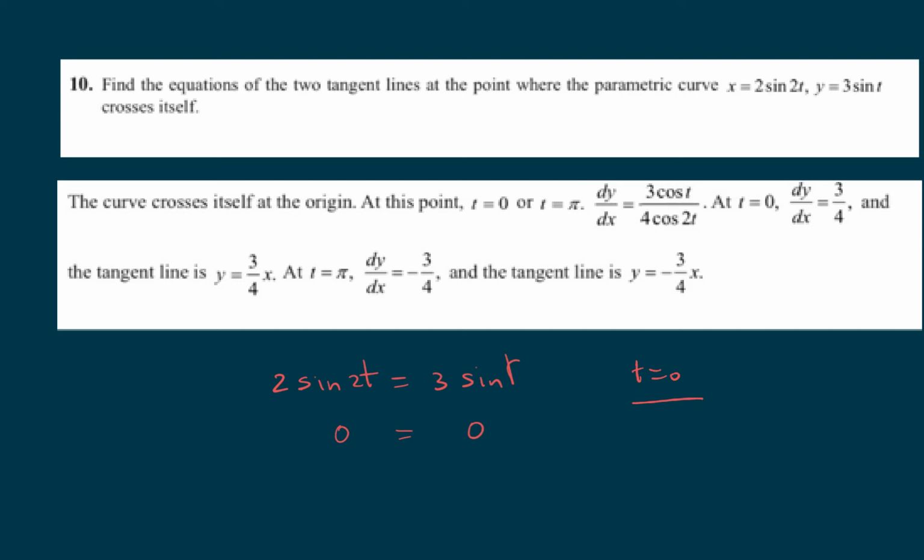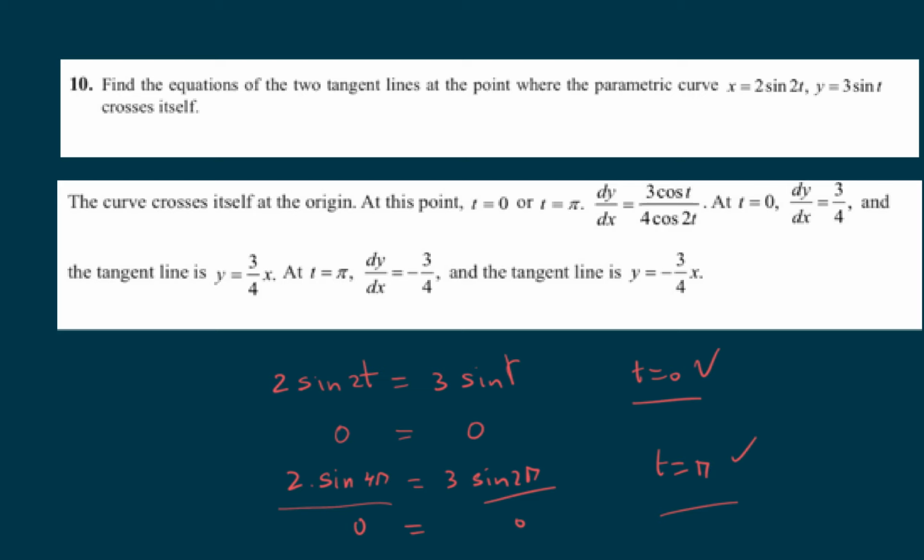For t equal pi, it will be 2 times sine of 4 pi. Sine of 4 pi is 0, and this will be 3 times sine of 2 pi. Sine of 2 pi is 0, so 0 equals 0, so it's true. At t equals 0 and at t equals pi, the x is equal to the y.